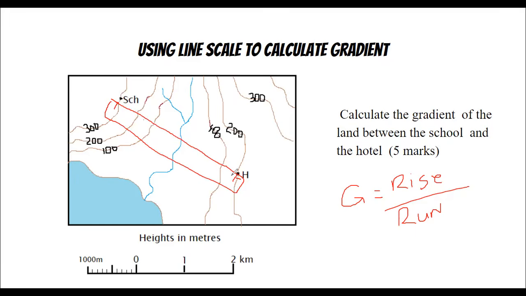We would measure this distance, usually in centimeters, and then we would have our map distance in centimeters. And we would simply multiply that map distance by either the ratio scale or the statement scale. Okay? But in this case, we're using a linear scale.